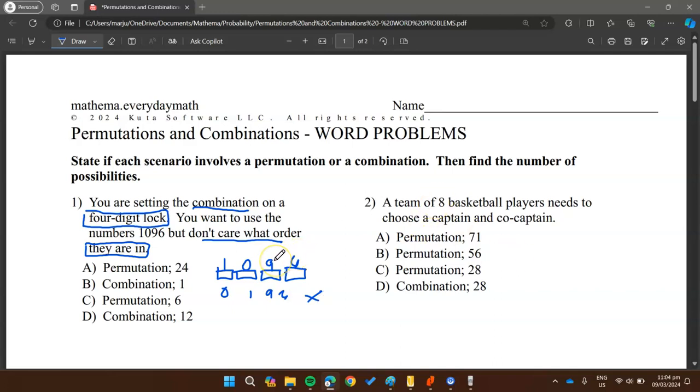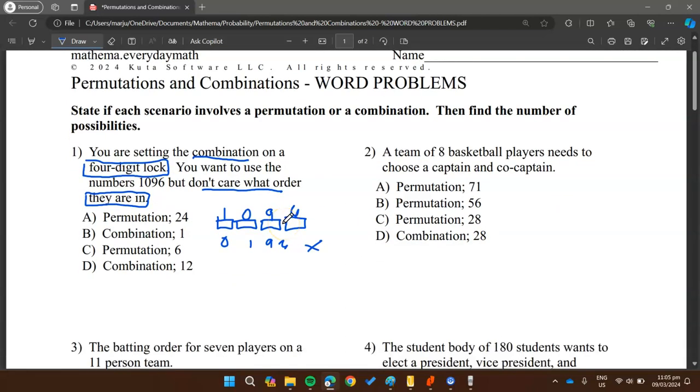So again, this is a permutation problem. So how do we find the number of possibilities or ways to create the combinations of numbers? So again, this is just equal to 4 permutation 4, right? So this will give us 24. How is that possible?